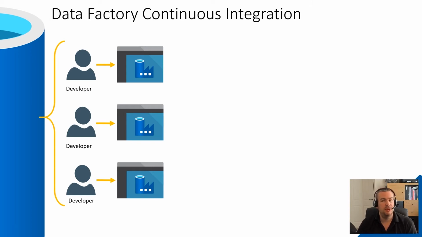So we do need to be online to do this, but that's fine. So when we're doing this with our data factory, what we can then do is connect our data factory to our source code repository.